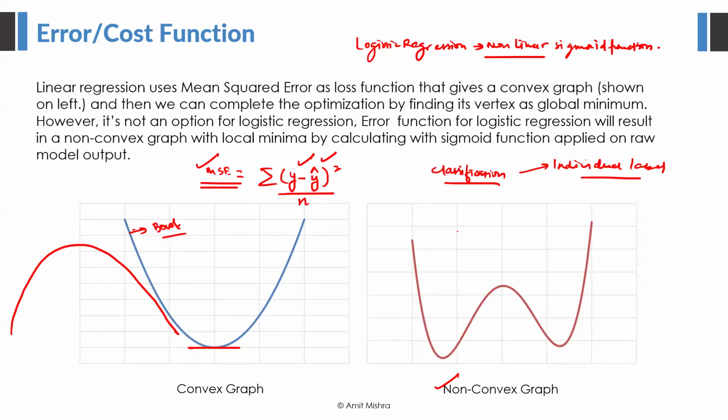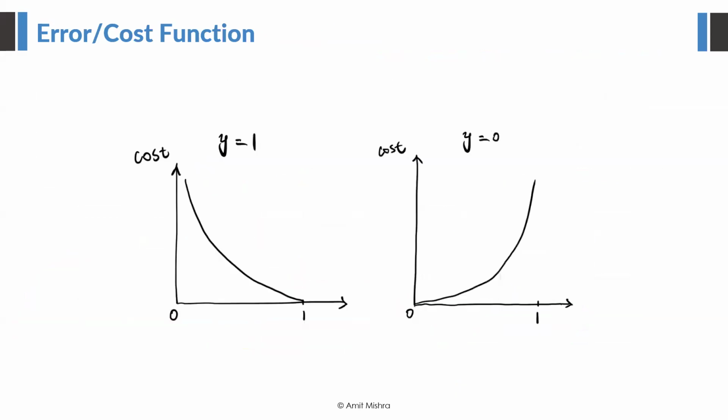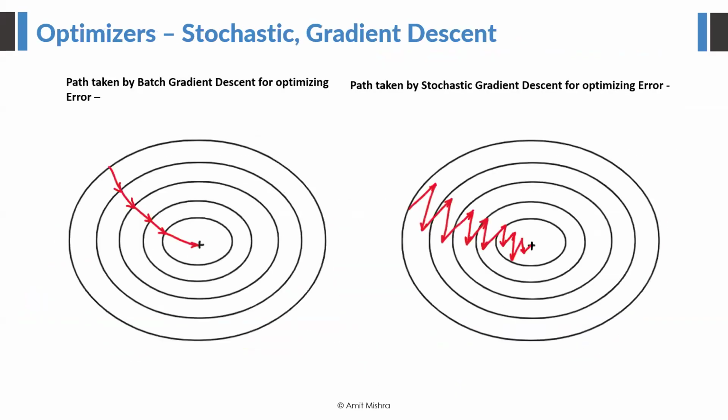So there will be multiple local minima, and in this case, the approach it uses is not batch gradient descent. That is used for linear regression, whereas this is going to be stochastic gradient descent, which is getting used in this case.